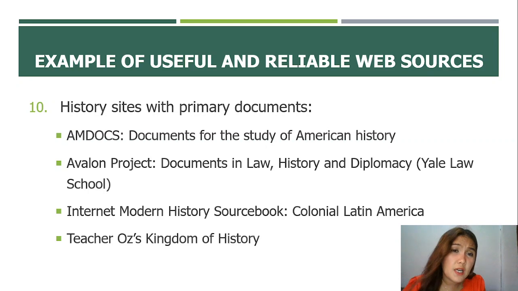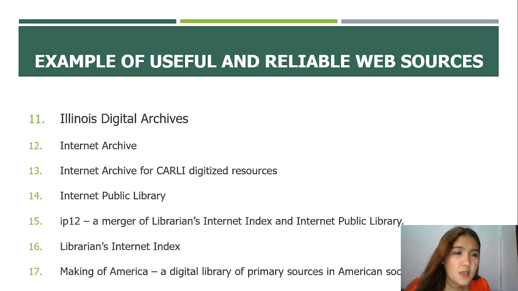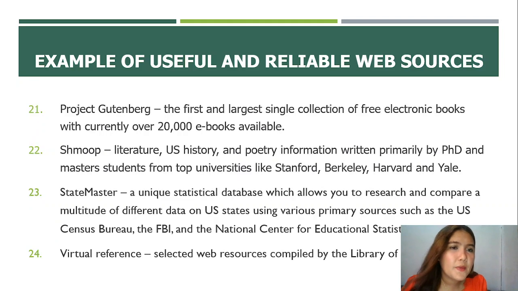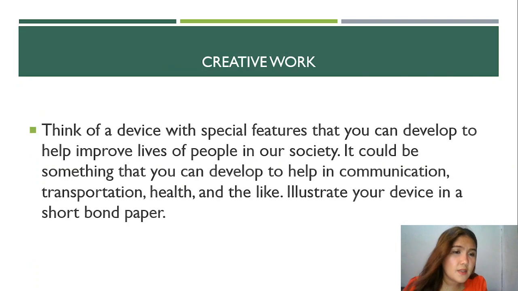So, these are electronic libraries. So, yan. Illinois Digital Archives, Internet Archives, IPL2, Internet Public Library, and so on. So, yan. Nursing sites, also Nation Masters, Project Gutenberg. So, these are the first and largest single collection of free electronic books. They have 2,000 ebooks available. Yes. Yan.